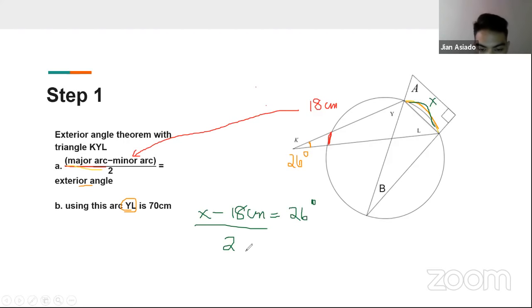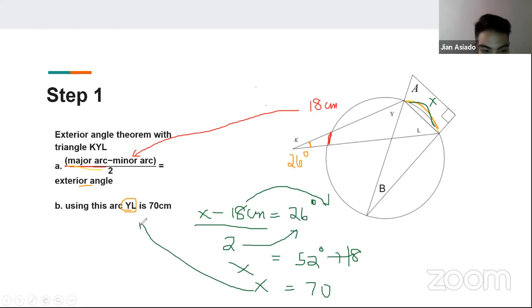No? So, lipat lang dito sa kabila. So, multiply, that's 52. No? That's 52. And then, i-add mo. Add mo plus 18. No? So, that's 70. So, si X, 70. Ayun.